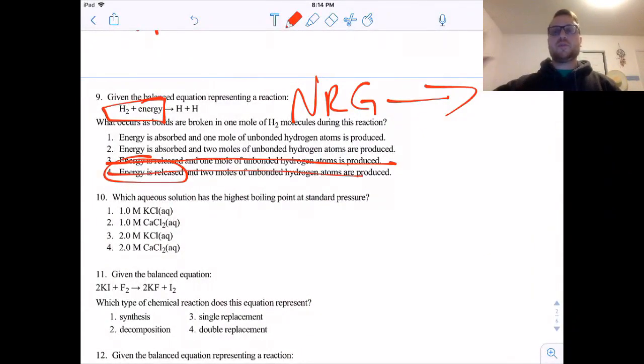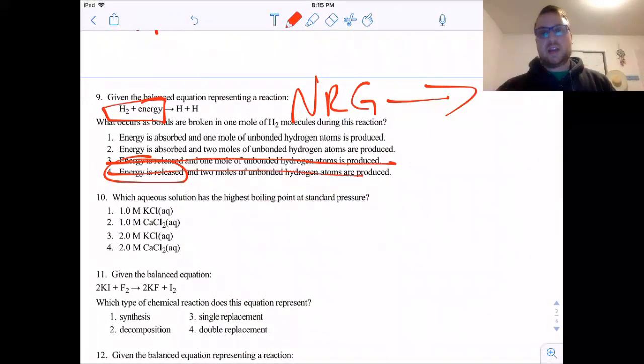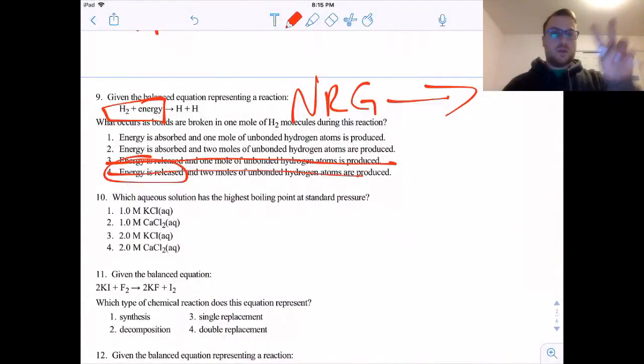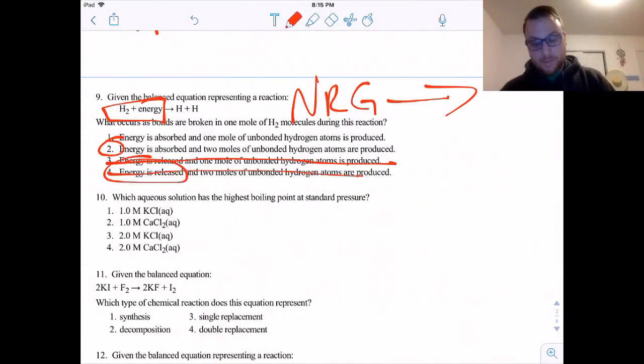And based on what I can see, I see 1 H2 making 2 unbonded H's. So I see 2 H's on the right. Should be answer choice 2. There's a good chance, to give you a little hint, that this won't be there tomorrow. In which case, we go back to way before midterms, where the clap break rule applies.